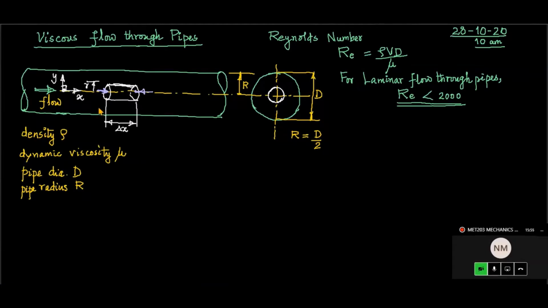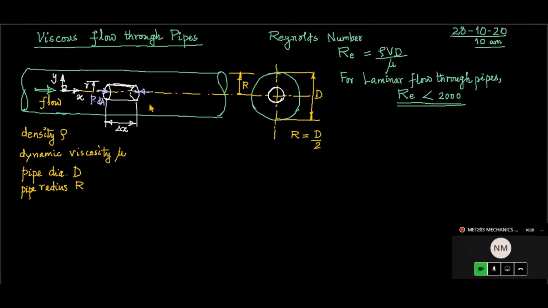So pressure force on the left face, pressure force on the right face. Let the pressure on the left side be P. Then the area of the element, let's say dA. Later on, since it is a circular one, it is pi r square, so you can write it like that also. Doesn't matter. So P into dA.